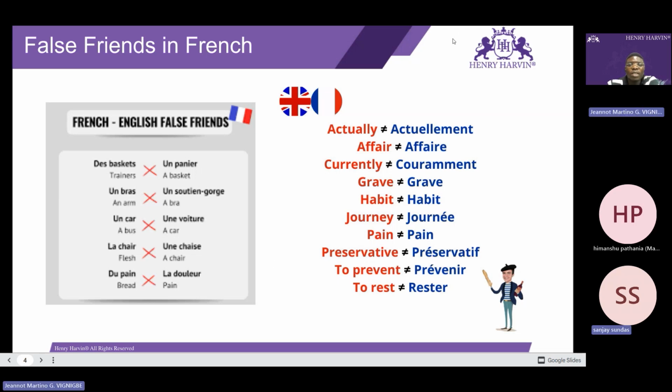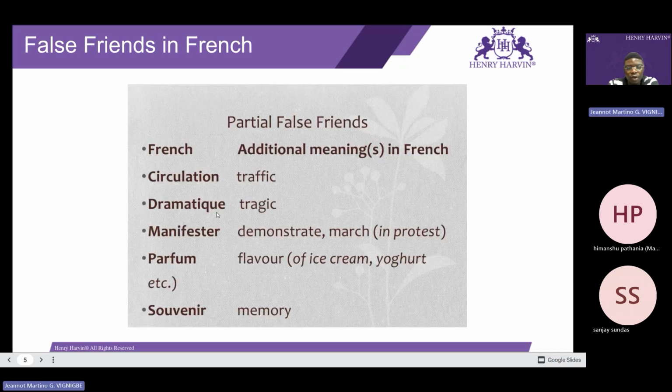So we learned about some false friends, right? Yes, false friends. We call false friends those words that, from what they mean in English, are not actually the same thing in French, despite the fact that they look similar.